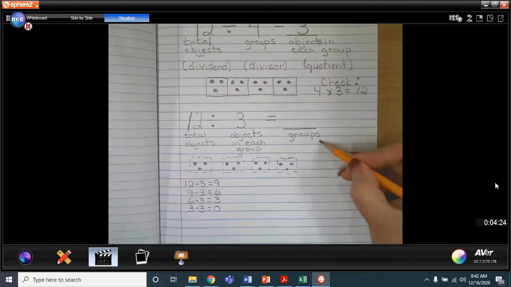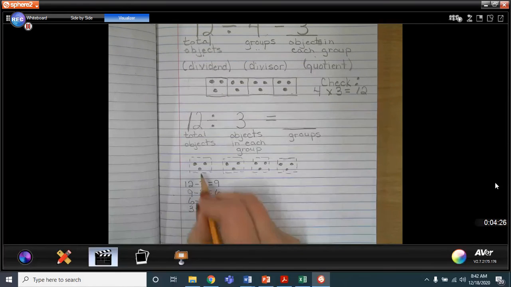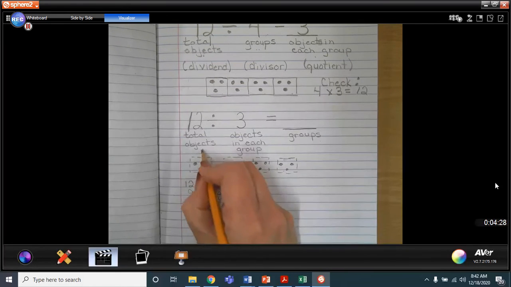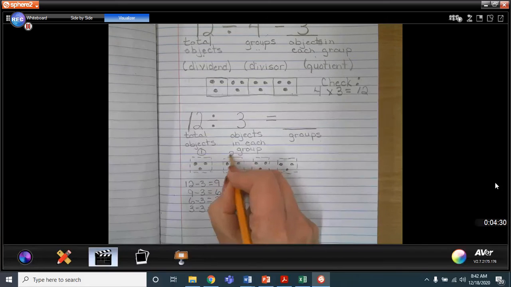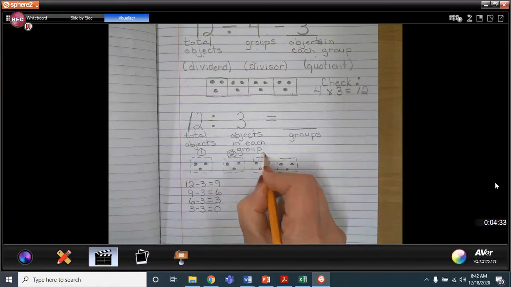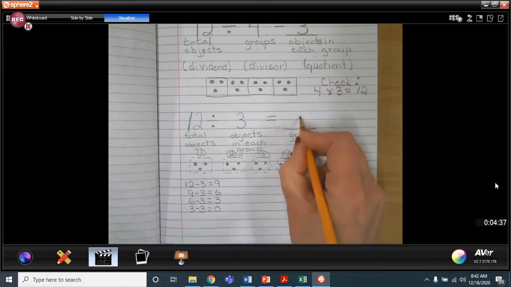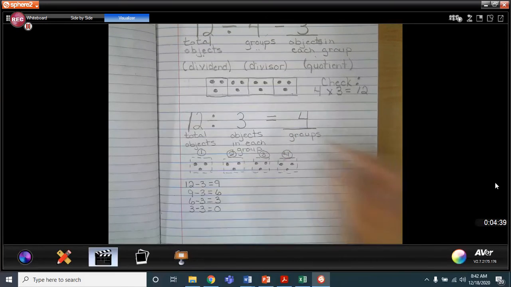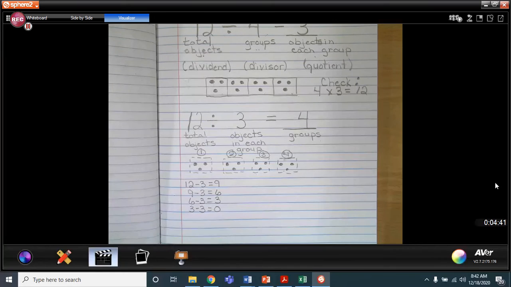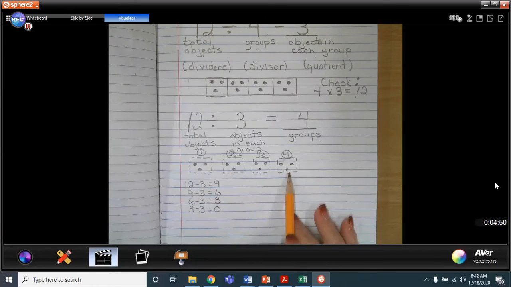And now I can come up here and tell how many groups, 1, 2, 3, and 4 are going to be 4 groups. And remember, you're always checking using multiplication. So I have 4 groups.